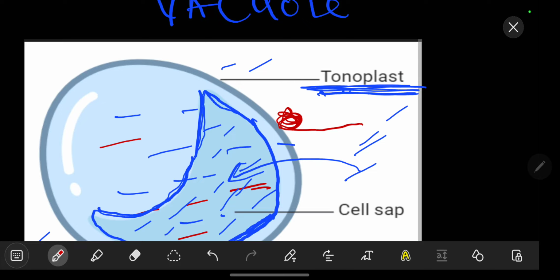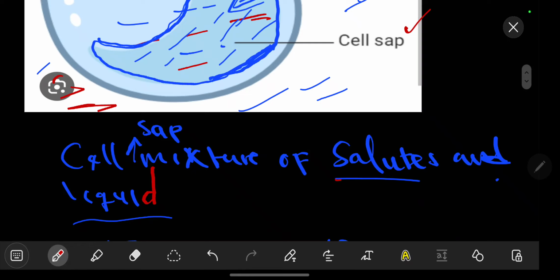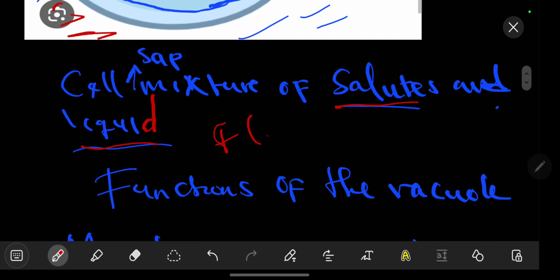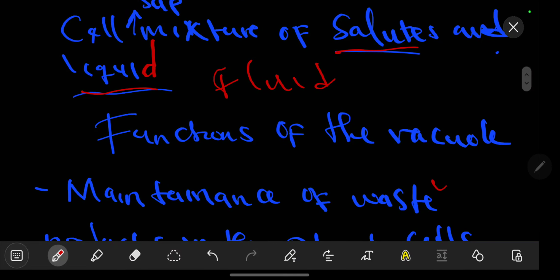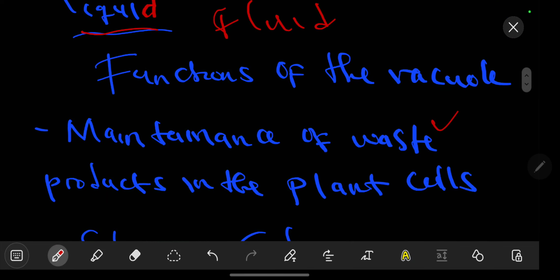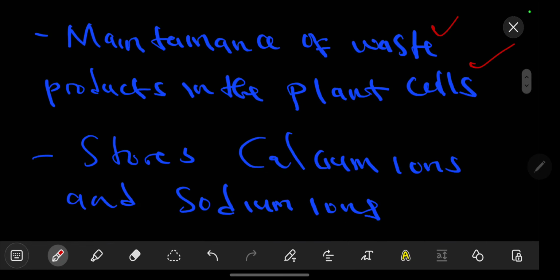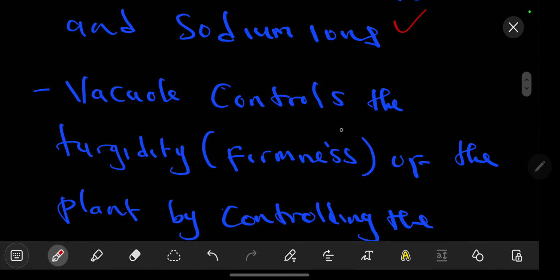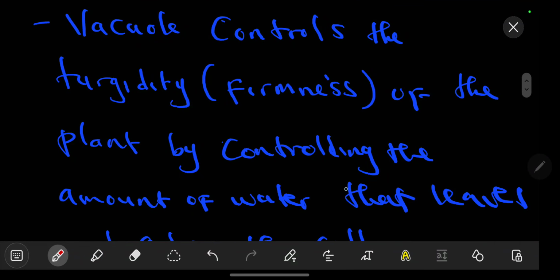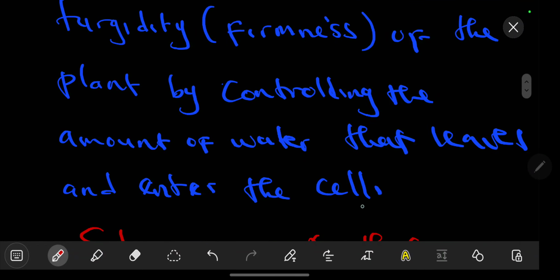The vacuole is made of the tonoplast and the cell sap. Cell sap is just a mixture of solutes and liquids to form a fluid. Then the functions of the vacuole: we have the maintenance of waste products in the plant cell. We also have the storage of calcium ions and sodium ions. The vacuole controls the turgidity or the firmness of the plant by controlling the amount of water that leaves and enters the cell.